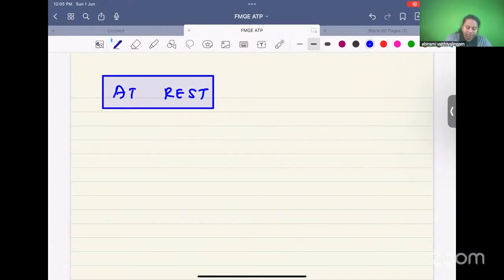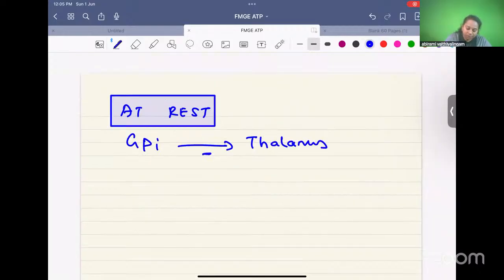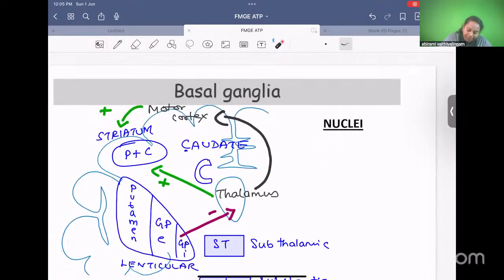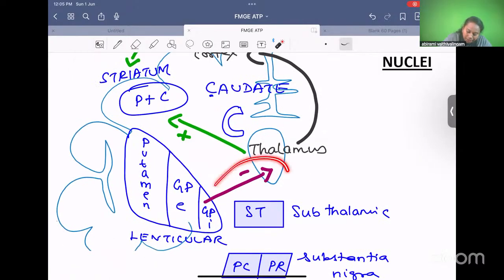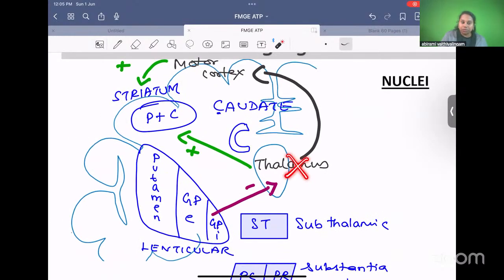When you are at rest, GPI inhibits thalamus. When thalamus is inhibited, we already said thalamus has a connection to the motor cortex. So whenever you inhibit the thalamus, motor cortex also will be inhibited. When motor cortex is inhibited, you can't make any movements. That's why you are at rest.